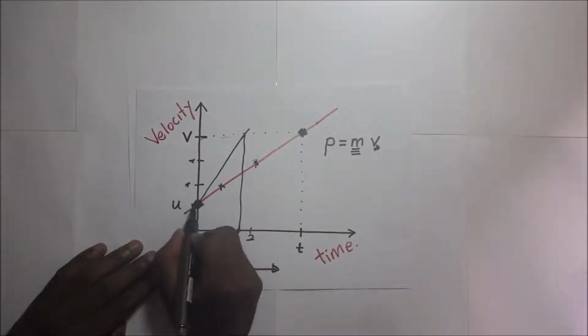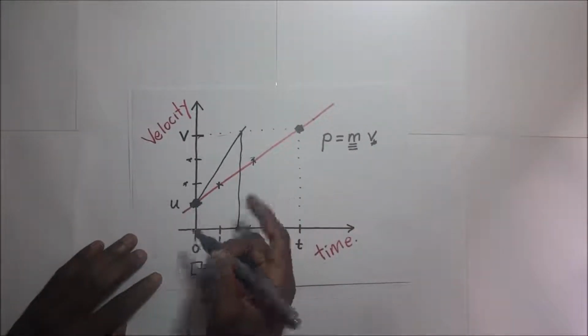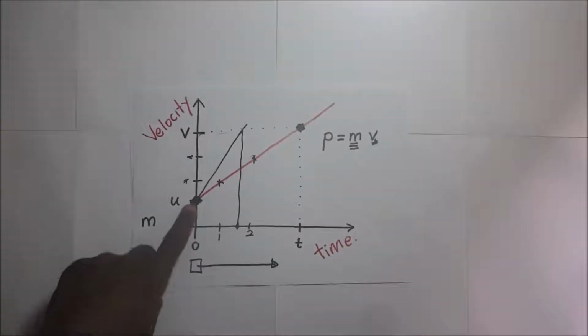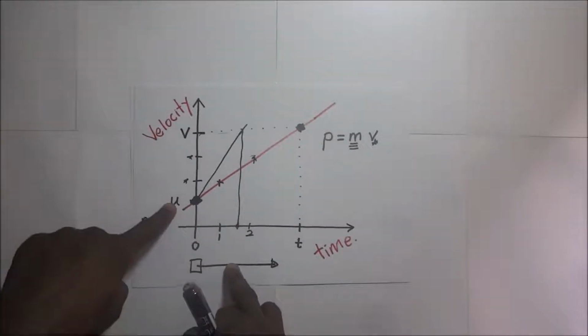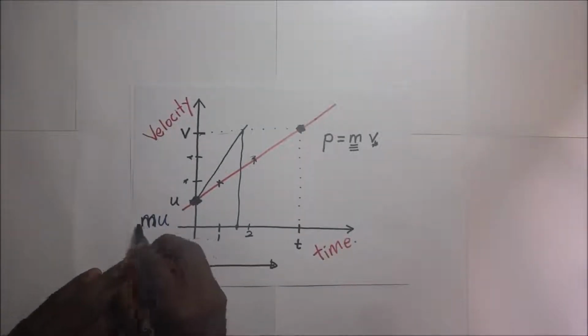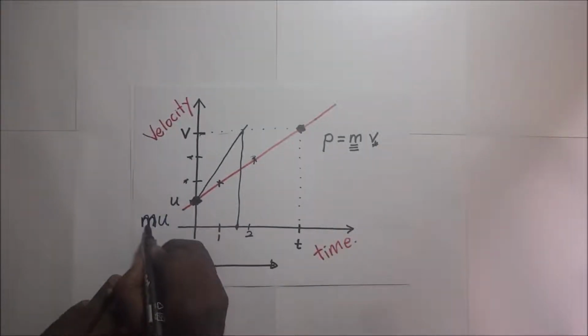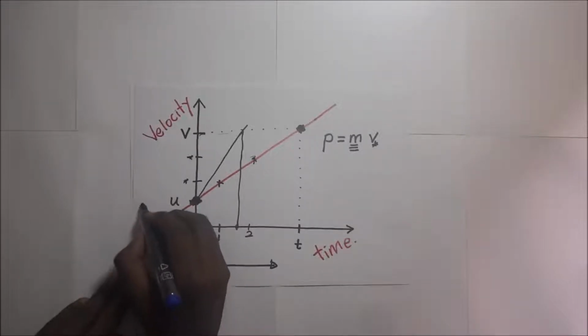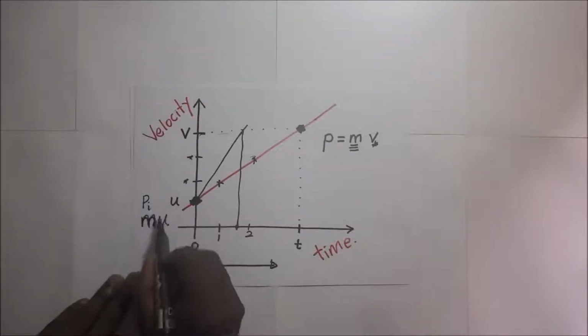Right here, we are taking a car, and it has a certain mass m. At this point, it has an initial velocity which we are going to call u. So to get the initial momentum of this car, it's going to be mass times initial velocity. Let's call this p initial. The initial momentum is mu.